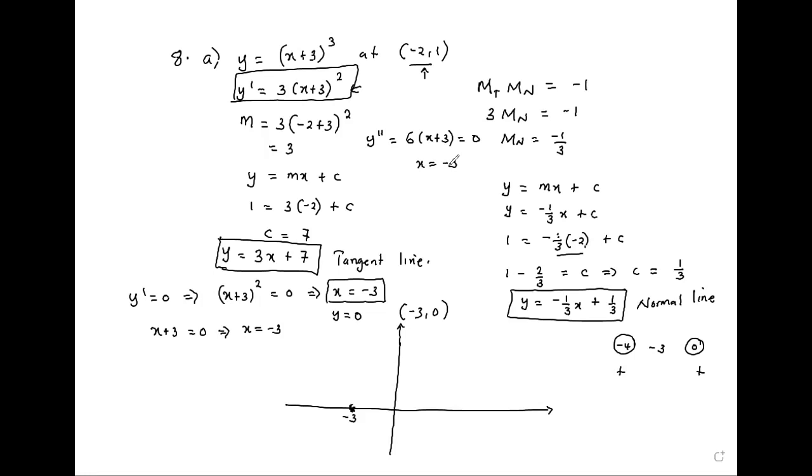And the point (-2, 1), somewhere here, we'll have a tangent line and a normal line. So how do we sketch? This is a very bad sketch. So the graph will be something like this.